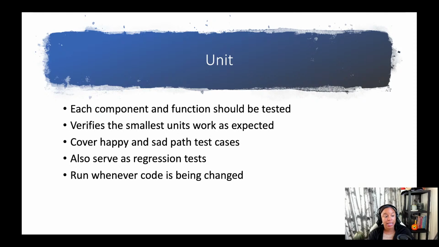A general rule that I keep in mind for unit tests is that every single function should have at least one test, because you do want to consider covering both the happy and sad path test cases, especially with these unit tests where you are almost encouraged to write a lot of them just because they're quick. They can really give you a lot of information about if functions are working as they should be.